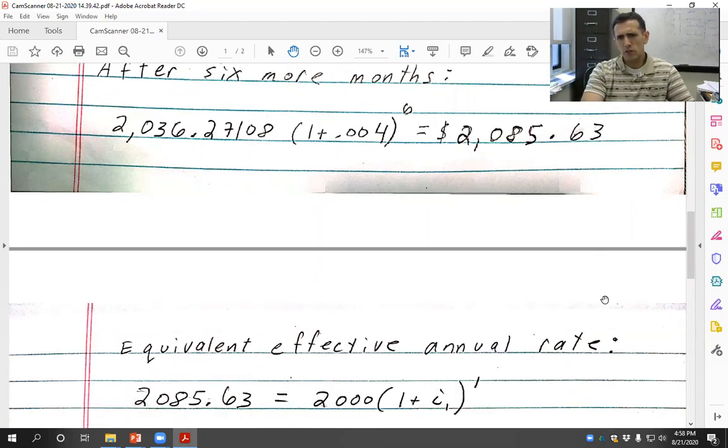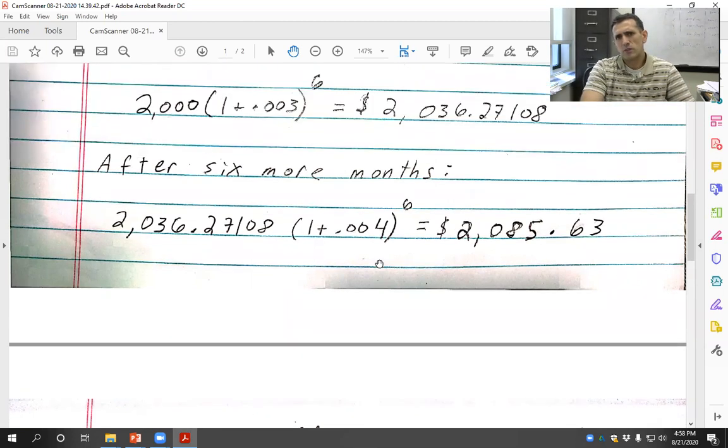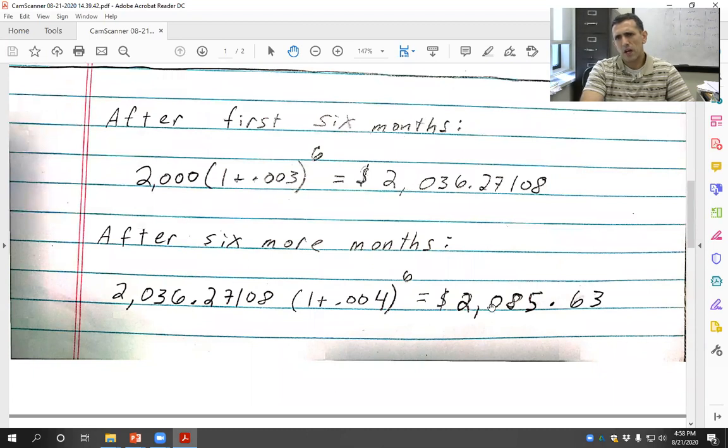Okay, and to find the equivalent effective annual interest rate, it's just the formula that I mentioned, so we don't really need to calculate the growth factor again for 1 year. Of course, you can get the growth factor by taking this number here and dividing by 2,000, your initial investment.